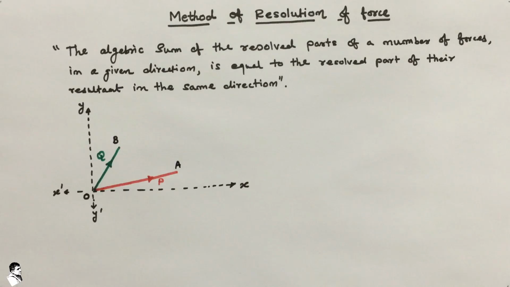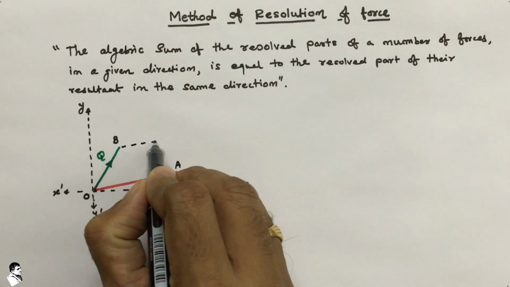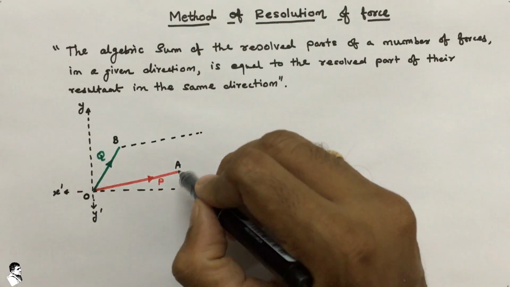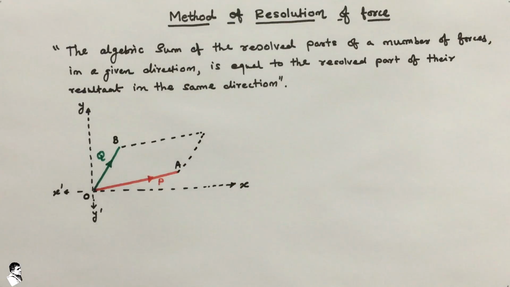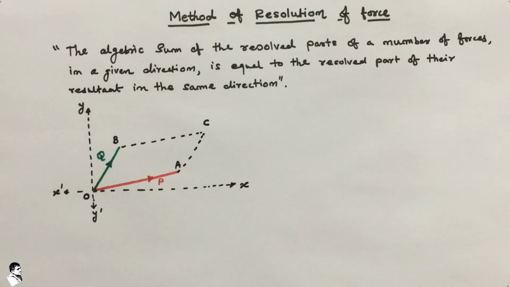Now if we look at OA and OB, they are nothing but two sides of a parallelogram. So we extend that with respect to the force direction, maintaining a line parallel to force P, and another line parallel to force Q, and that point is the C point of the parallelogram OBCA.